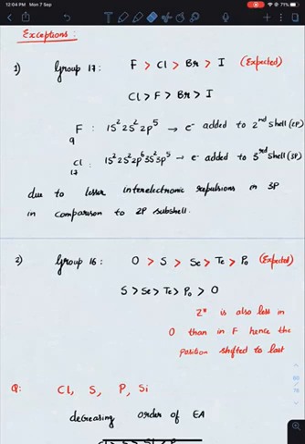In chlorine, the electrons are present in the third shell, meaning the electrons are distributed over a greater area, so the repulsive forces among them are relatively less. In fluorine, the electrons are present in the second shell, a smaller area, so repulsive forces are more. So the electron affinity of fluorine becomes slightly less than that of chlorine.